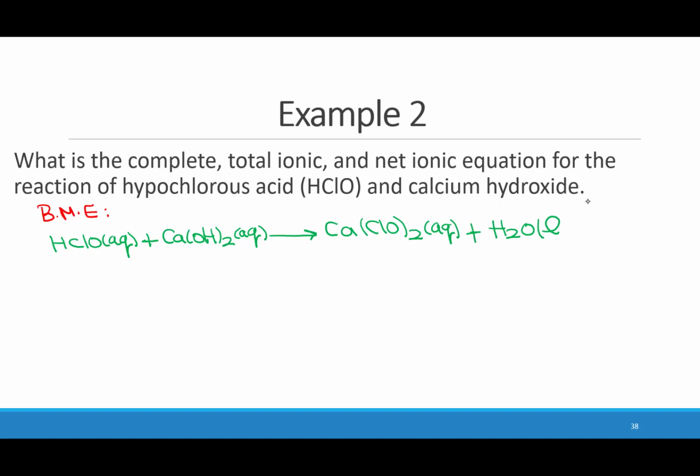We have a reaction between an acid and a base. That's your product.